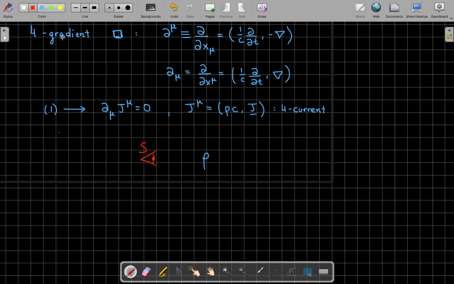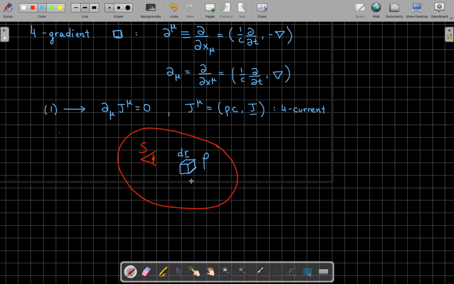I'll draw this as a bubble right here. And the thing about this is I can consider an infinitesimal element of this charge density, a small infinitesimal cube of charge, and this will have infinitesimal volume, dr.